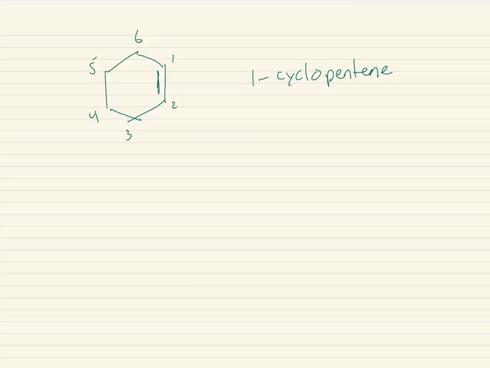And if you have a structure like this where there's only 1 double bond, a lot of the times, especially for cyclic molecules, they won't write the number 1. It's technically more correct to write it, but because you can number the cyclic molecules in any way you want to, you're always going to put it on the number 1 carbon here. So that's why usually you'll see people just write this as cyclopentene.